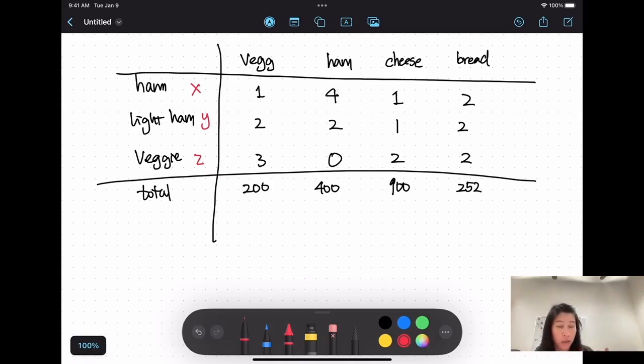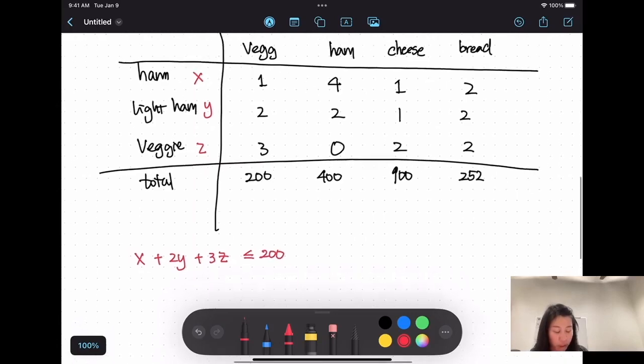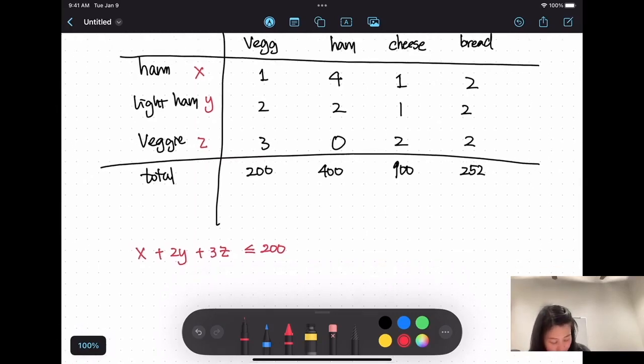So the total serving of vegetable we need is going to be what? X plus 2 times Y plus 3Z. It has to be less than or equal to 200. And then we have 4 times X for the ham. How many hams do we need for the ham sandwich?